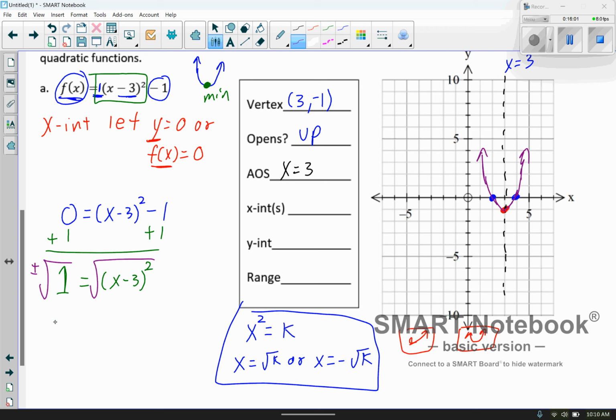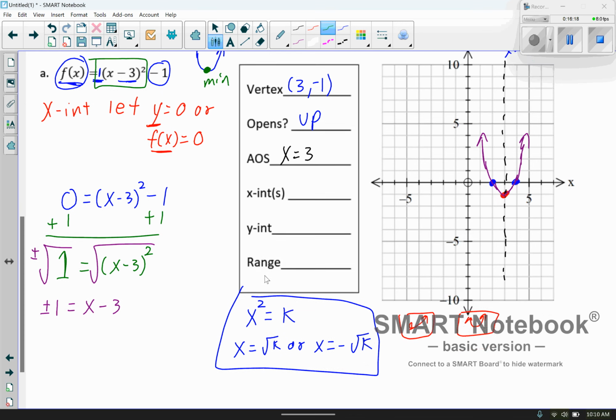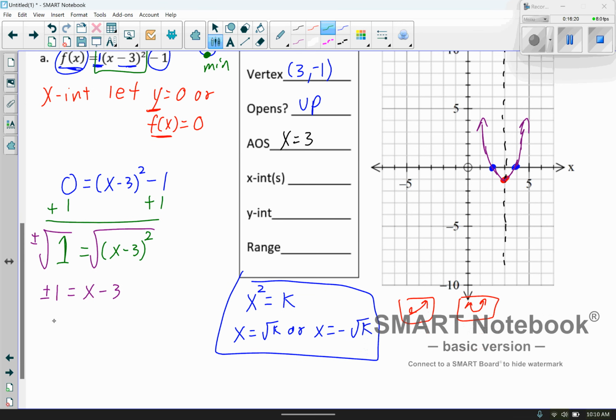The square root of 1 is just 1. So I end up with plus or minus 1 equals, and then the square root's going to nullify the square, so we have x minus 3. You can leave it like this, but typically I like to work with my x on the left side, so I'll flip-flop the two sides.